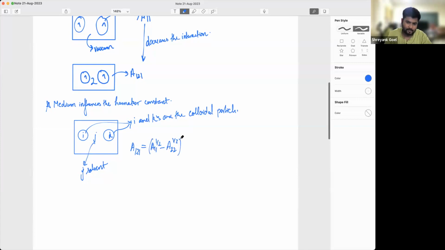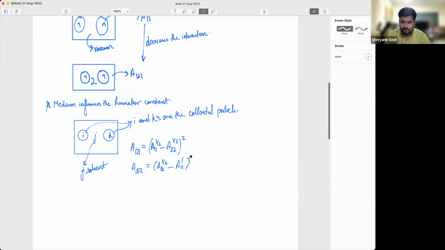And it is derived, so I can quickly rederive it. And if it is A312, then it is A33 to the power half minus A11 to the power half, multiplied by A22 to the power half minus A11 to the power half.